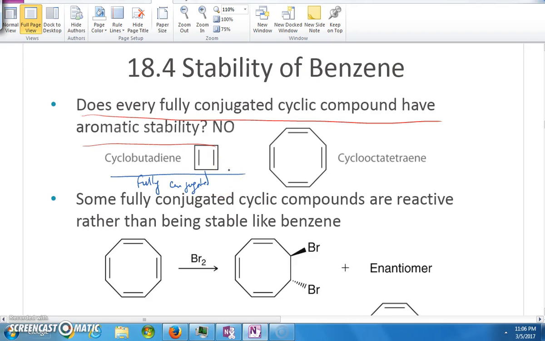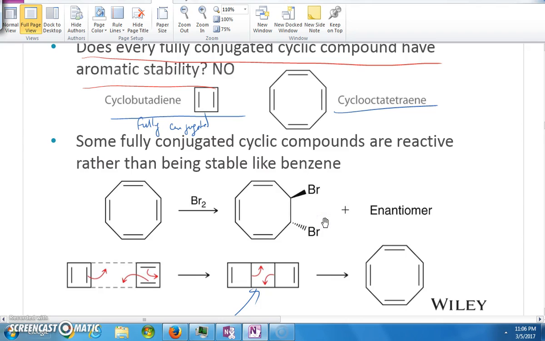You see, cyclooctatetraene is also fully conjugated, but it's not aromatic. It's not aromatic, because interestingly, cyclooctatetraene undergoes addition reactions, which benzene does not undergo.